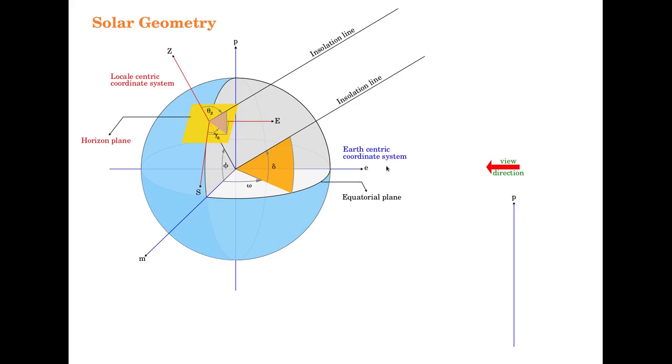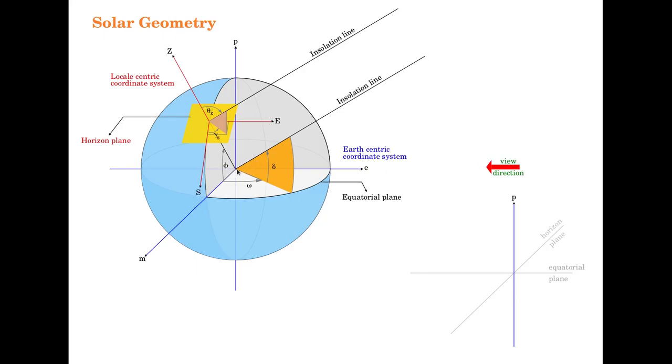And then viewing from this direction, the equatorial plane will cut across as the equatorial plane, and the horizon plane cuts across through the origin, because we have made the origins of the two coordinate systems the same, and the horizon plane cutting through the origin will look like this from this view direction.